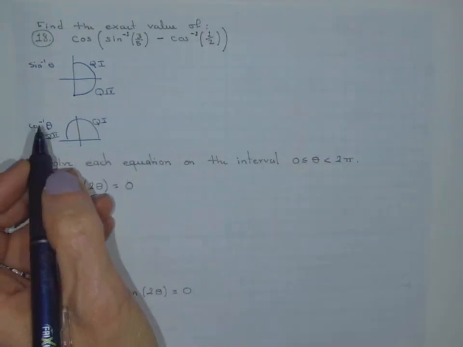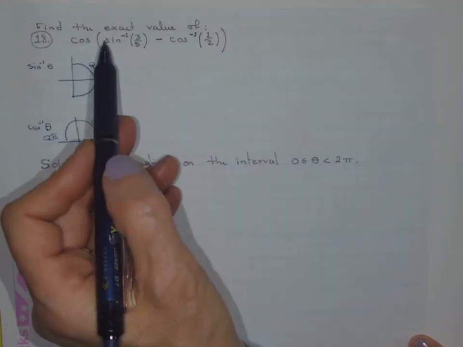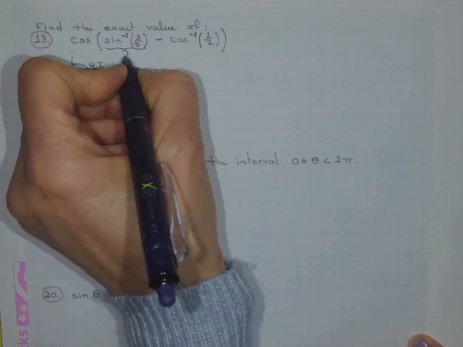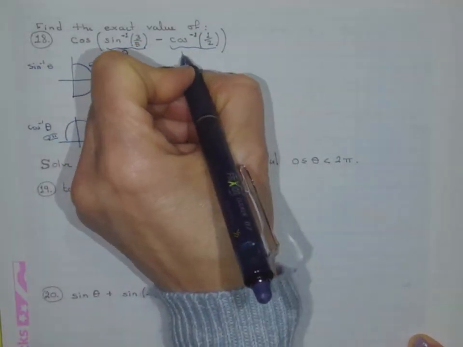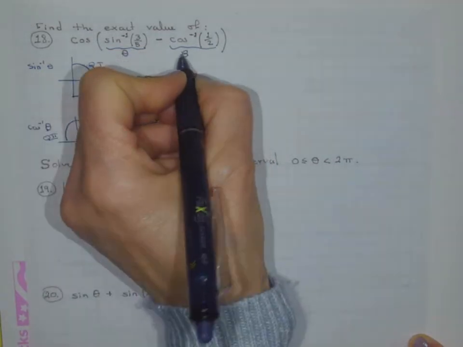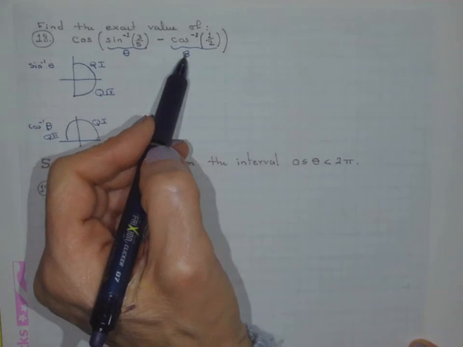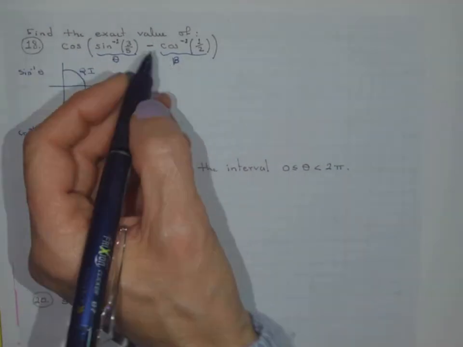Okay, and now that we know that, I have a cosine. You need to see that as being an angle, and you need to see that as being another angle. Okay, so I have a cosine of an angle minus an angle. Oh, I know how to do the difference formula, right?